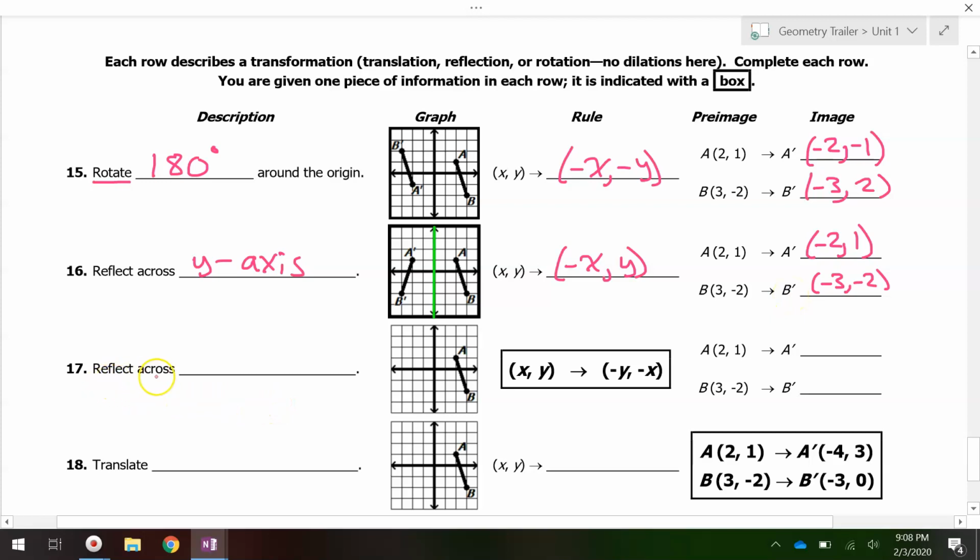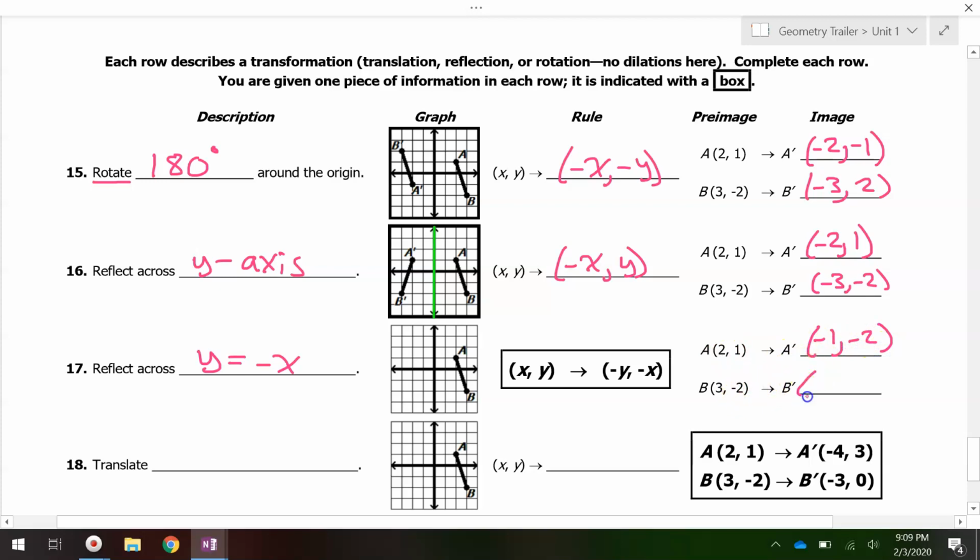So we have another reflection. Oh, this time they gave us the rule. Opposite of y, opposite of x. So that is the reflection over the line y equals -x. All right, we've memorized that. So let's use the rule to get the points that we need. Opposite of y is going to be -1, and the opposite of x is going to be -2.